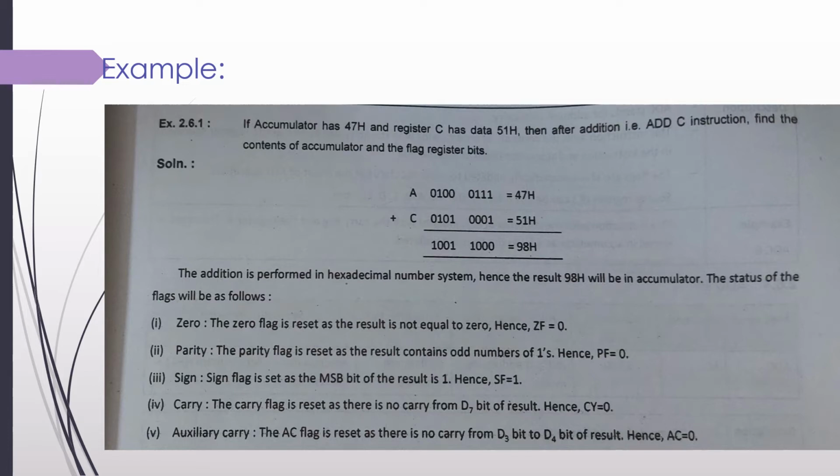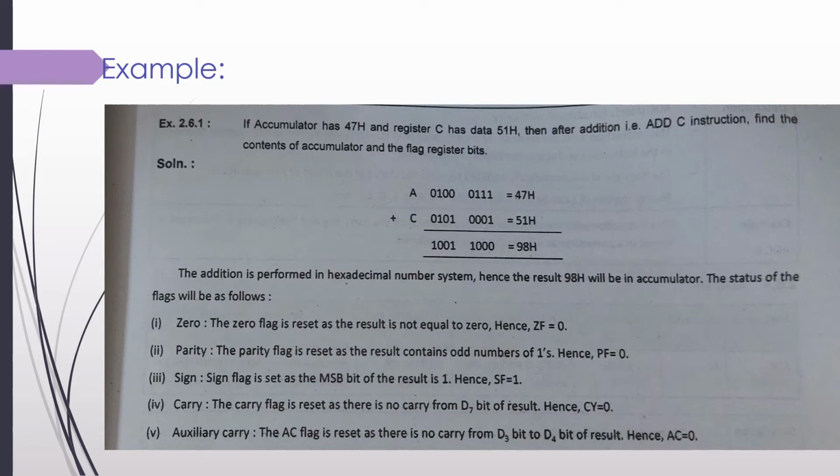You can see here in this example, the accumulator has 47H and the C register has 51H, and the instruction that is going to be executed is ADD C. It means add the contents of the accumulator to the C register and the result is to be placed in the accumulator. So the value of A is 47, which is 0100 0111. The content of C, 51, is 0101 0001.